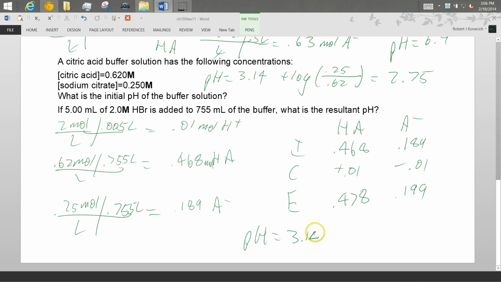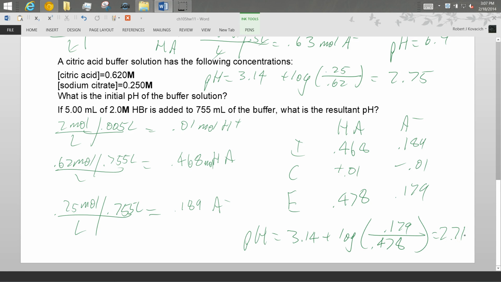So 3.14 plus log 0.199 over 0.478, and what do you get for pH for this? 2.71?